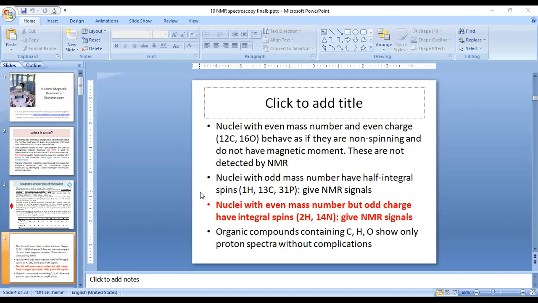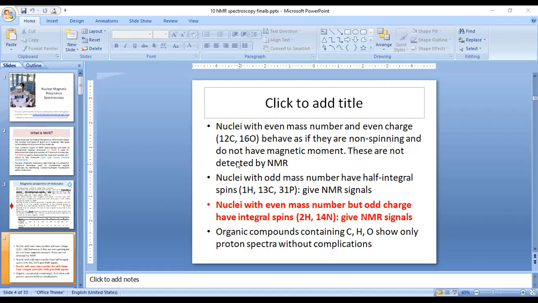More than 99.9% of all the hydrogen present in any sample in nature is of the proton type, normal isotope H1. And if we compare that with carbon 13, less than something like 1% of all the carbon present in nature is of that isotopic form, that is carbon 13.